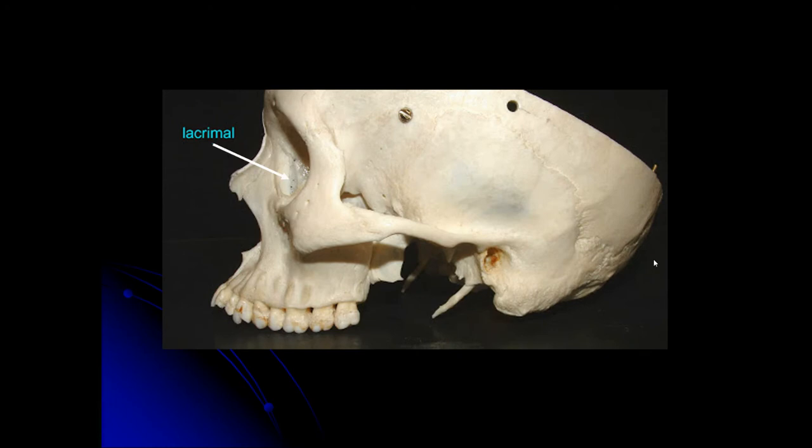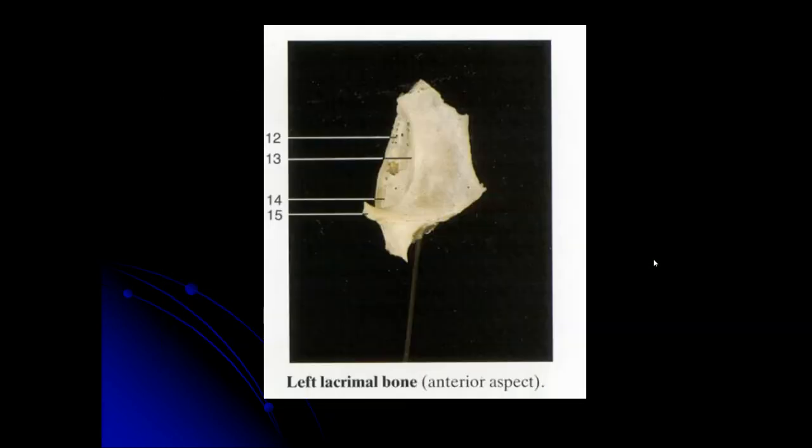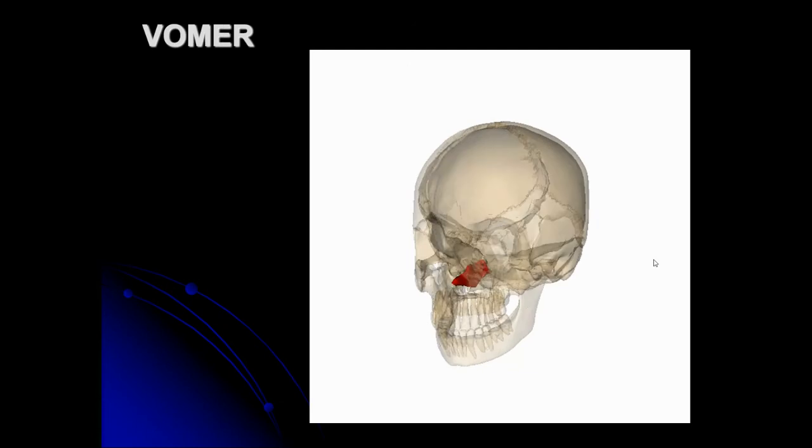Well, the word lacrimate means tears, and the reason the lacrimal bones are called that is because there's a canal that allows your tears to drain through it. And you can see this arrow is pointing at a little canal. That's the lacrimal canal. You can also see it on this. If you take the bone off, you can see this little indented area inside. That's the lacrimal canal.